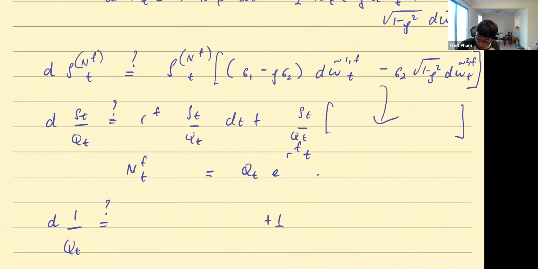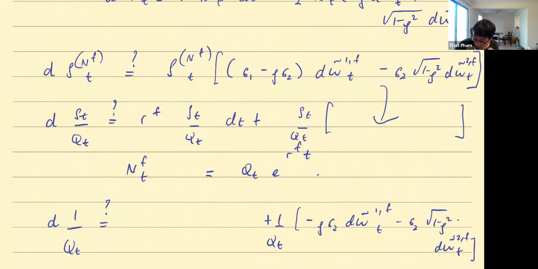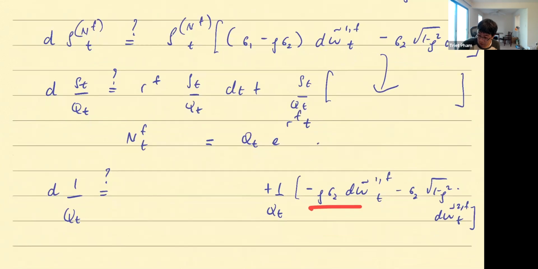So for the second term, it will be 1 over QT times minus rho sigma 2 minus square root of 1 minus rho squared, times dW tilde 2F. Okay. So this is like this, except sigma 1 is equal to 0.